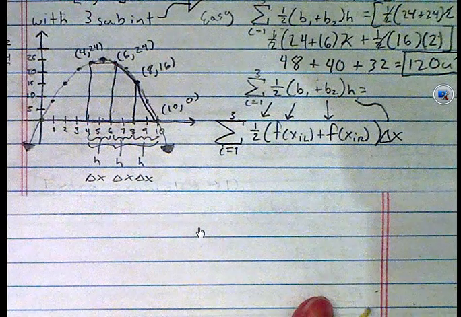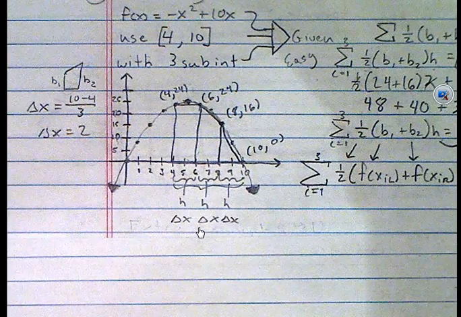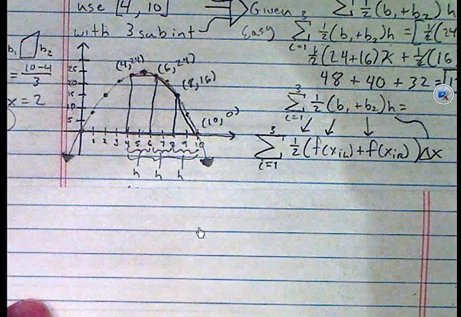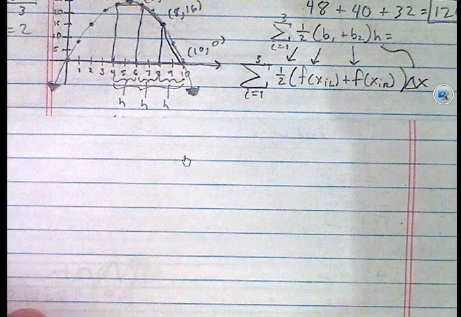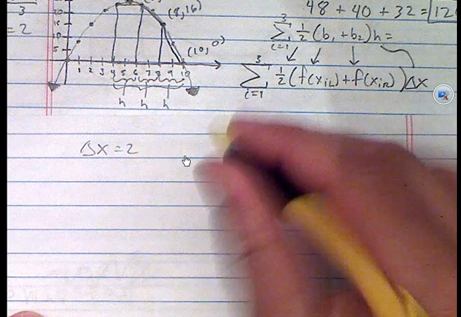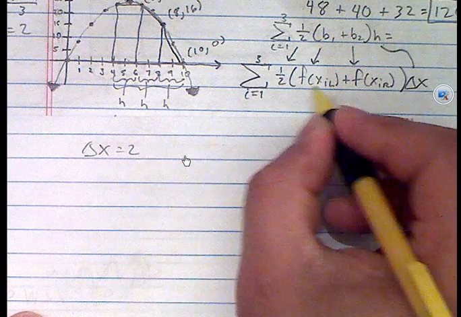Alright, so step 1, find delta x. And look, we've already done step 1 right here. Alright, so we know delta x equals 2. Let me scroll down a little bit. Alright, and we want to find, let's start with f of x of il.